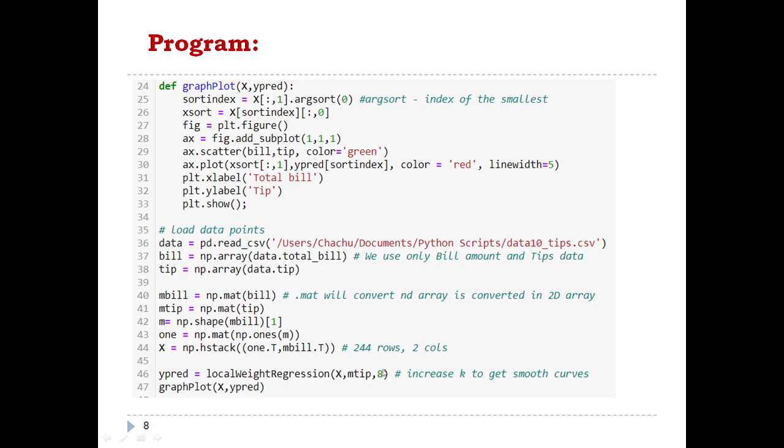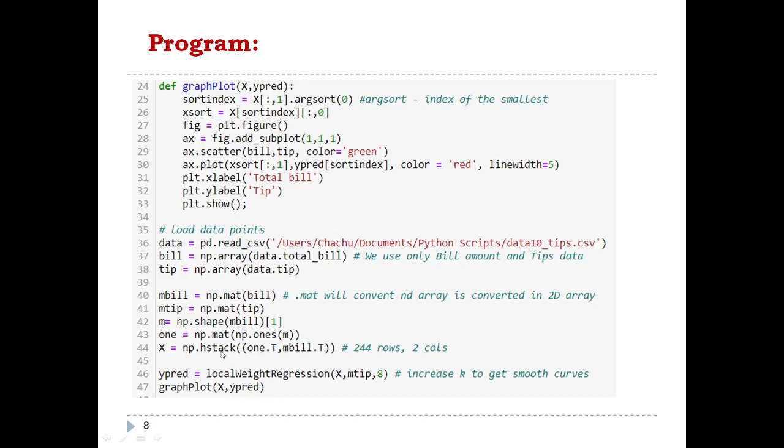That is nothing but the k value, to get smooth curves. So we are selecting 8 local points. After this local weight regression, we will plot the graph with the bill amount and the predicted tips amount.